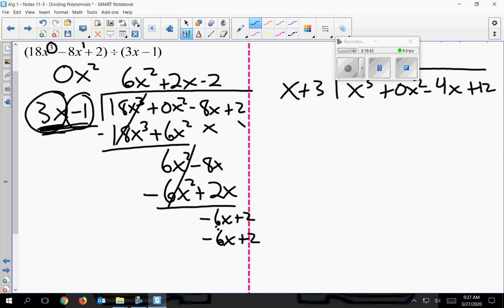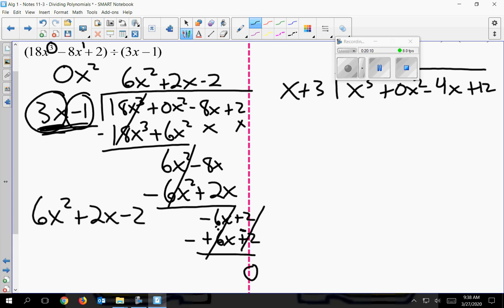Okay. But you got to remember I have to subtract it. So I'm going to subtract it. That means I change this sign, change this sign. And that's going to allow this to get canceled out. It also cancels these guys out. So I get 0. That means I don't have a remainder. Okay. So my answer is 6x squared plus 2x minus 2. Okay.